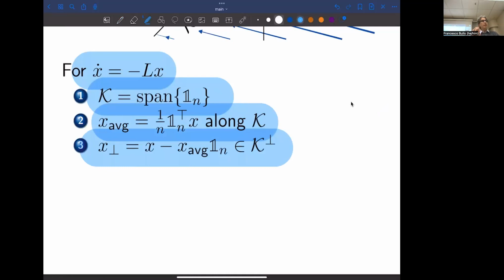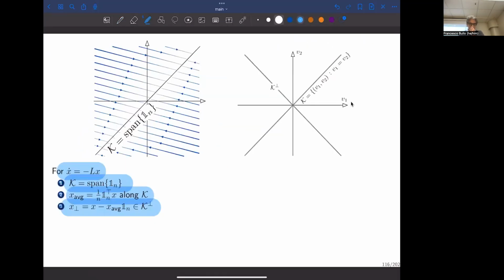You can take your state and say, this is the average and this is the perpendicular. And this is a picture of the kernel of the operator L, which will be the kernel of a seminorm that I will define in a second. And this is the space perpendicular to it.